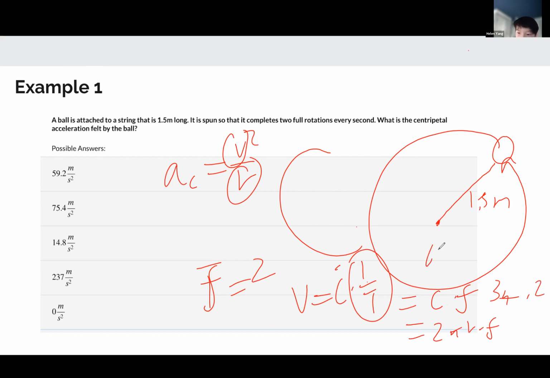So the answer would be 6 pi. So the centrifugal acceleration would be (6 pi) squared divided by 1.5, which would be 237 meters per second squared.